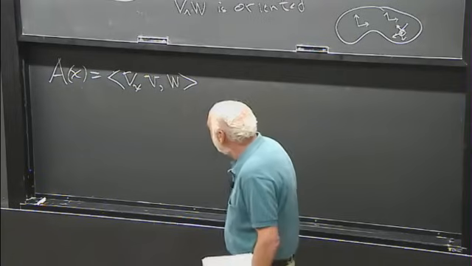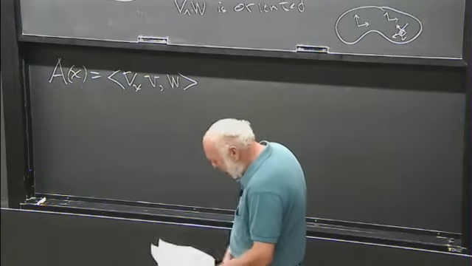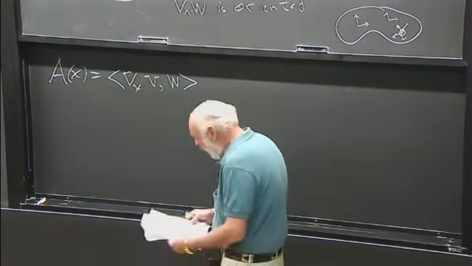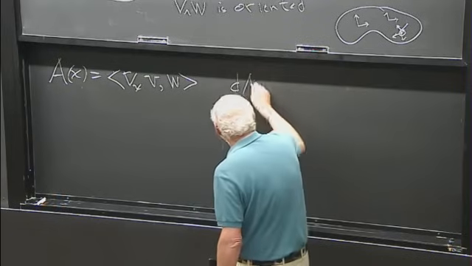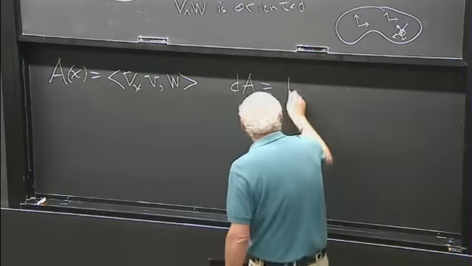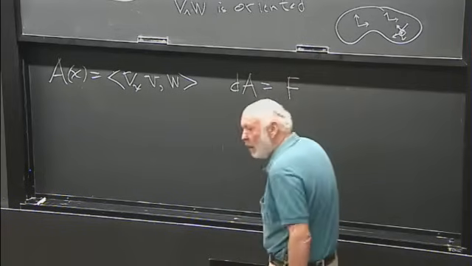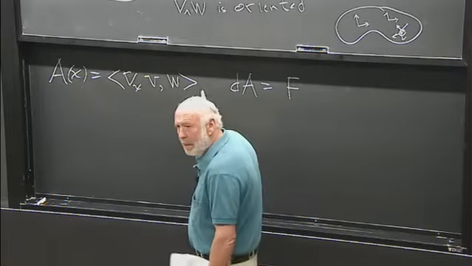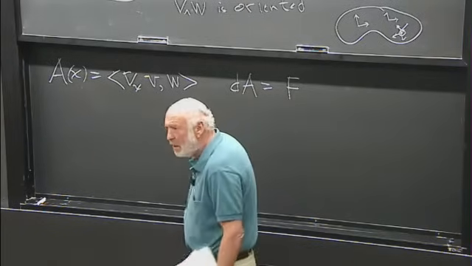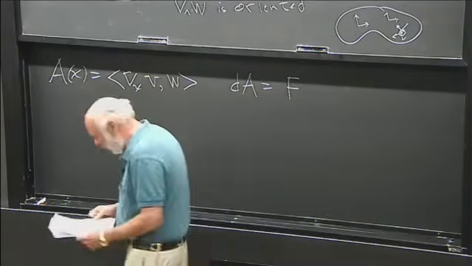So here's a differential one form, A(X), and note that its exterior differential dA is equal to F. Okay. So this is really the connection form, if you like, and in this very simple case, its differential is curvature.